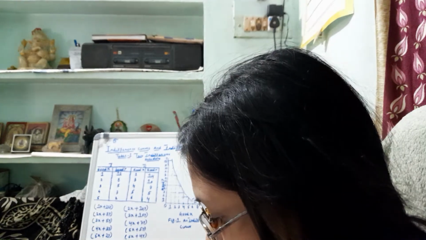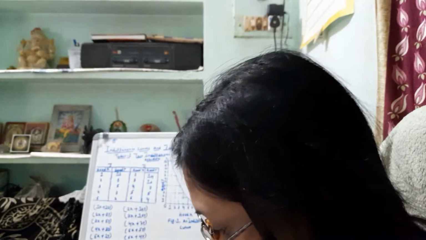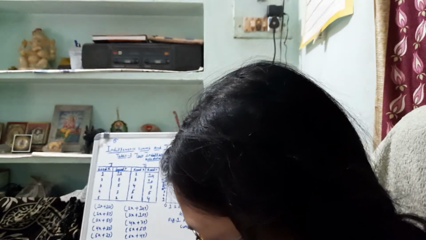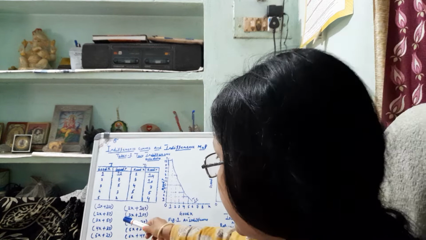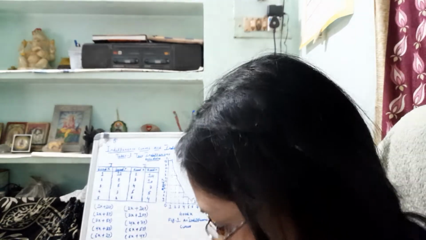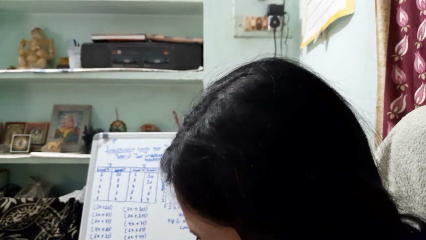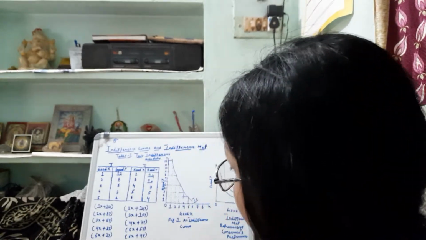Similarly, by asking the consumer further how much of Y he will be prepared to forgo for successive increments in his stock of X, so that his level of satisfaction remains unaltered, we get the combinations 3X plus 5Y, 4X plus 3Y, 5X plus 2Y, each of which provides the same satisfaction as the combination 1X plus 12Y or 2X plus 8Y.